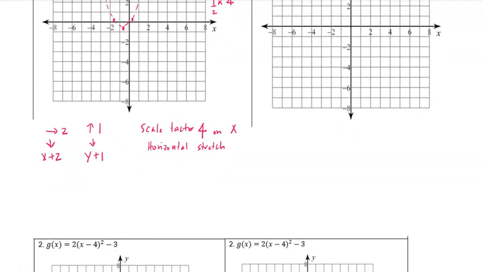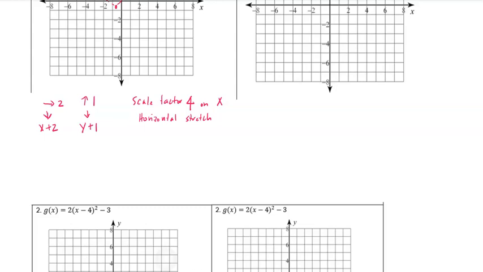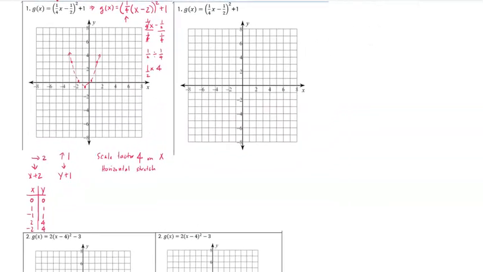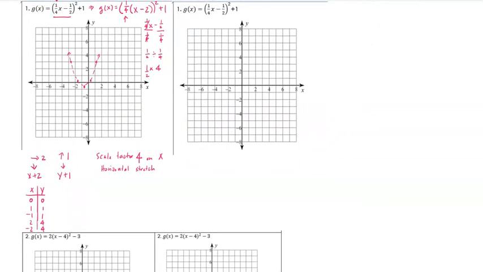What I'm going to do for the first example is write a table with each of the points, in the correct sequence of how these are going to be used, using PEMDAS on the original function. First, if you take a look, I multiply by 1/4. So I'm going to take these and multiply that by 4 first.